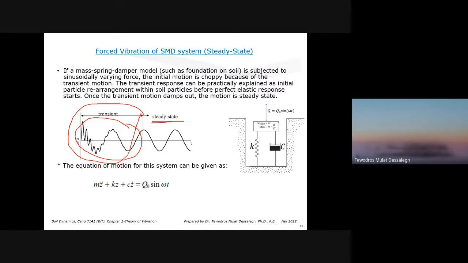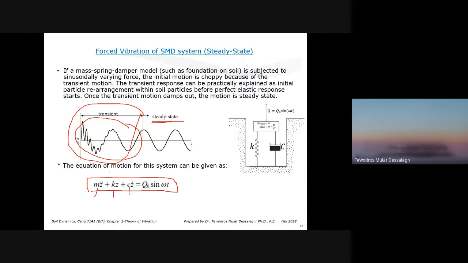So for this, similar to the other three sections we have seen, we have the general equation of motion: the mass times acceleration, damping times velocity, and stiffness times displacement, or the inertial force, the damping force, and the stiffness force.